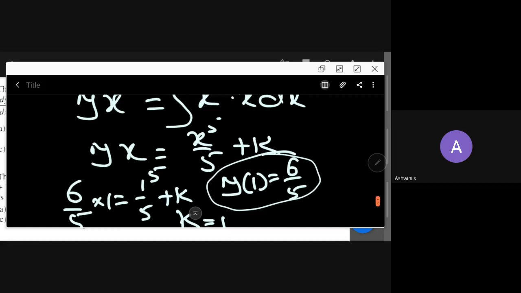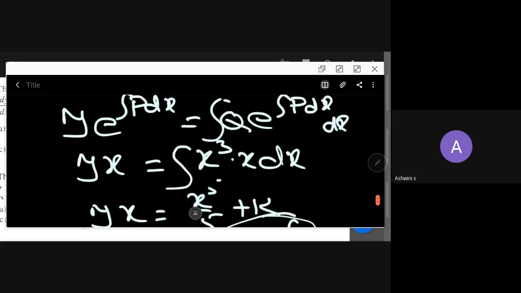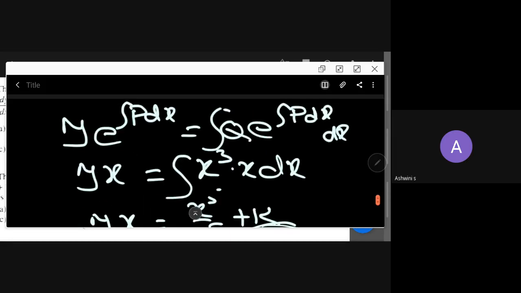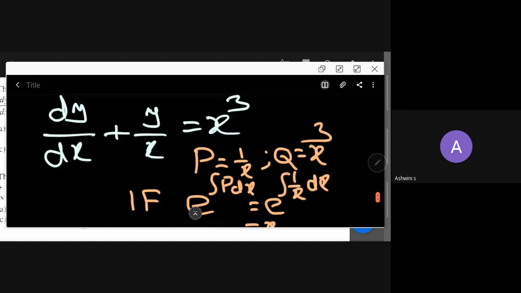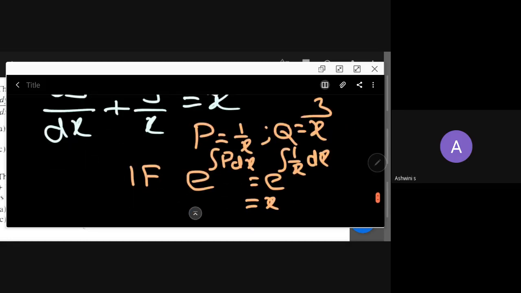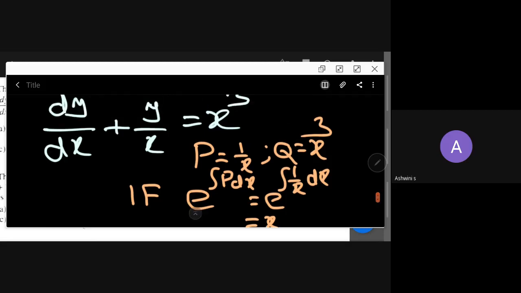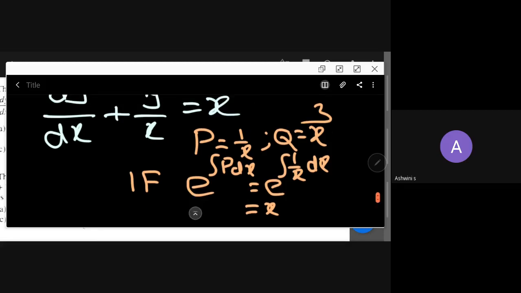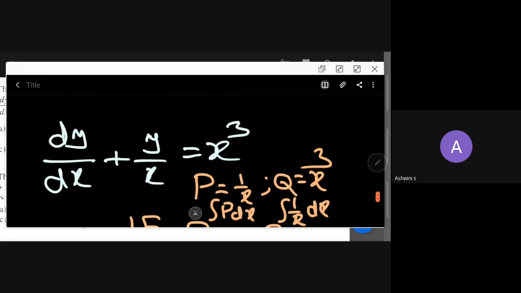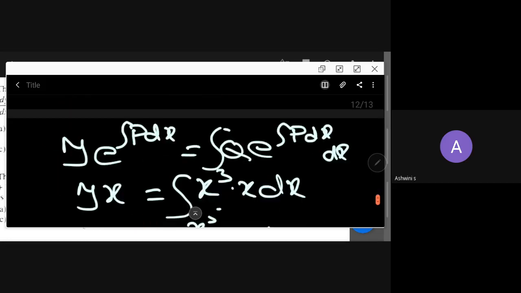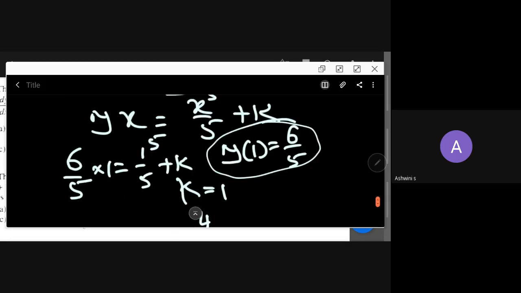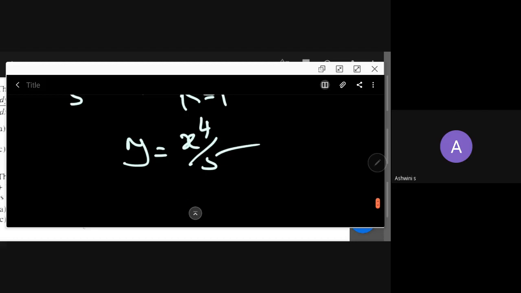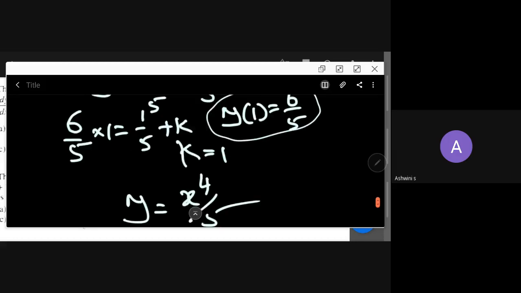K we are getting as 1. Integral p dx is, oh, no issue. 1 by x is log x. E power log x is x, right? So yeah, we have to get x4. So something is wrong here.